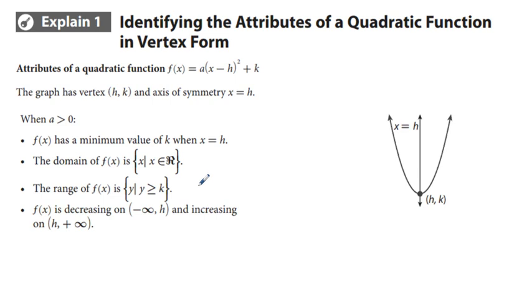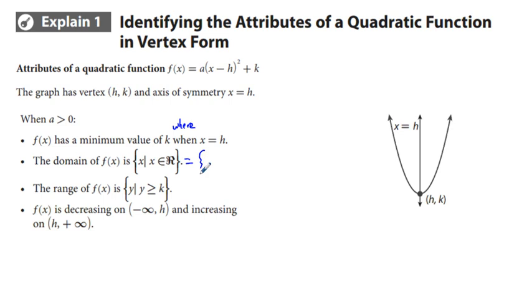Identifying the attributes of a quadratic function in vertex form. Here, when a is greater than 0, f(x) has a minimum value of k where, you can say alternatively instead of when, x equals h. And so we have set notation for the domain of f(x).